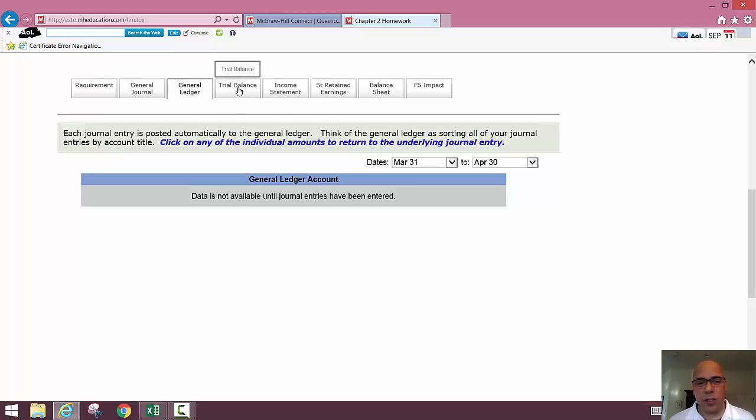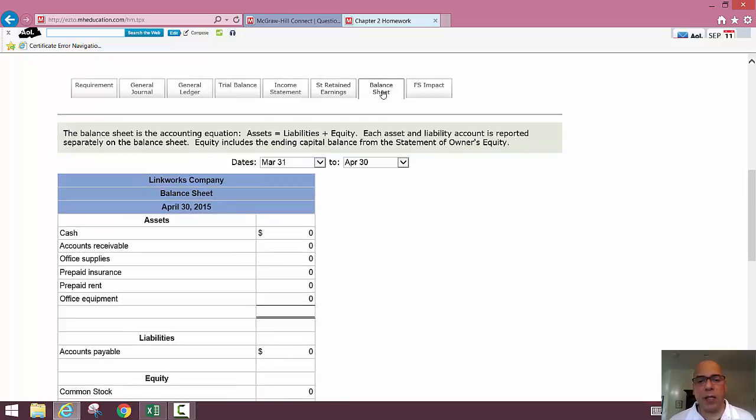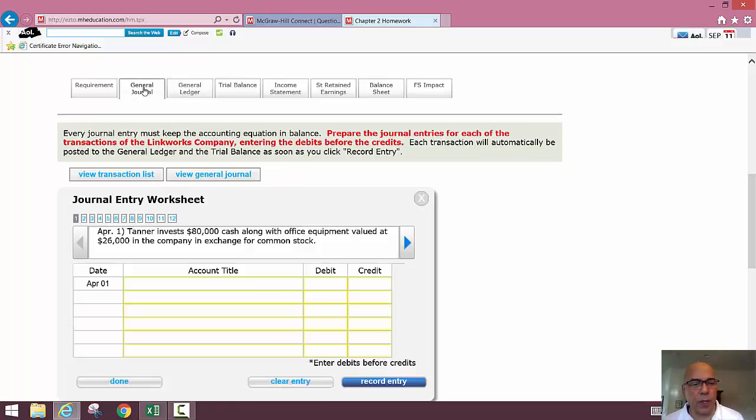So trial balance is just a way of glancing to see what the financial statements will look like. But this software is going to pull from the general ledger the income statement, statement of retained earnings, and balance sheet the way we did. I'm not worried about this financial statement impact tab.